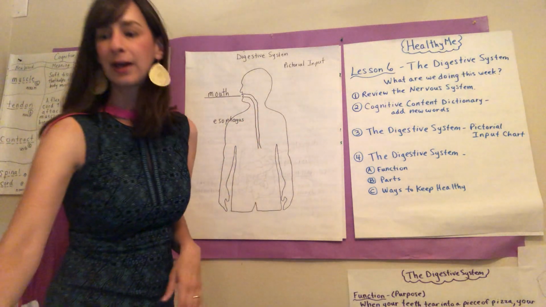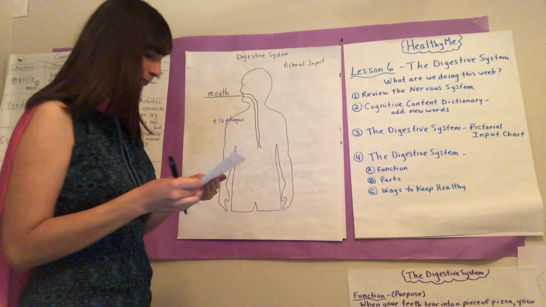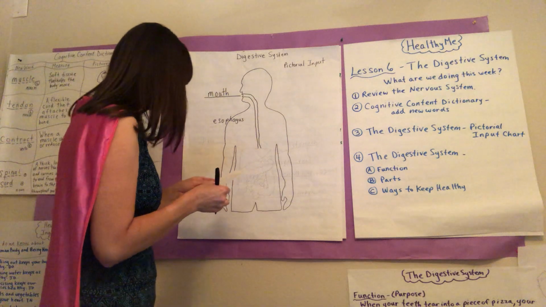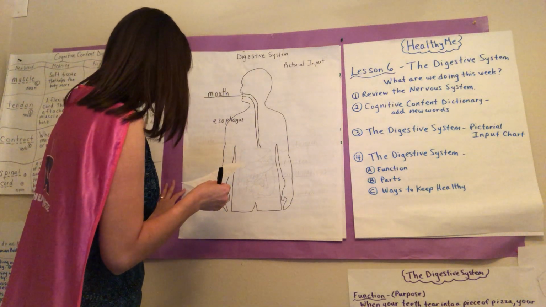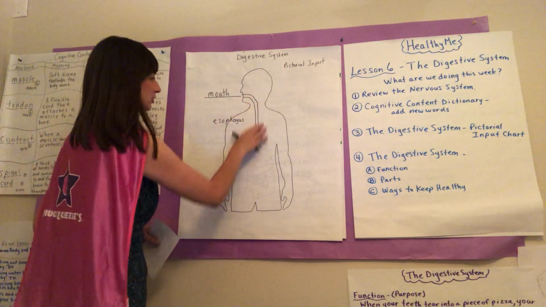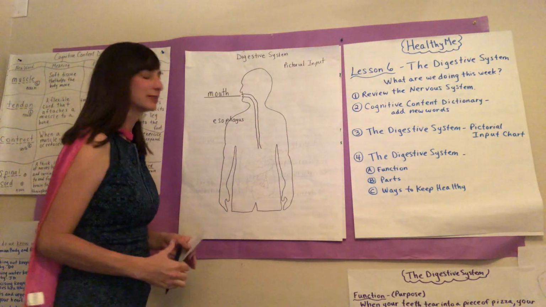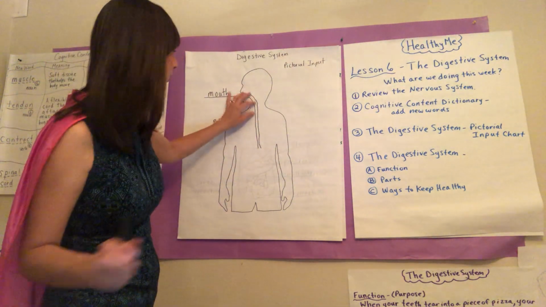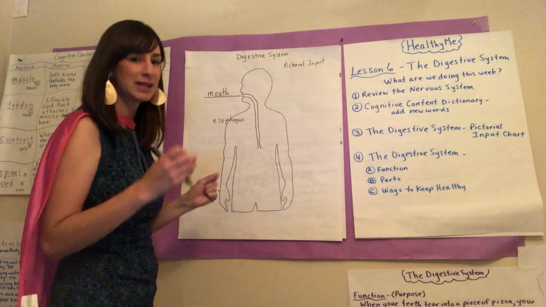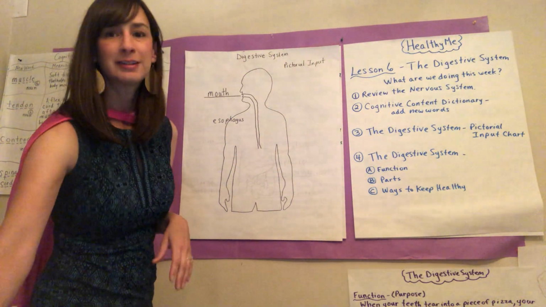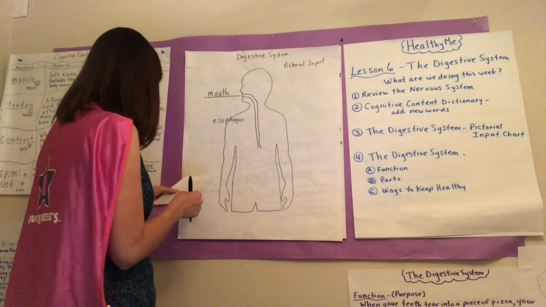Okay, and the esophagus is this long tube, and while in the esophagus, the saliva continues to help break down your food by making it real mushy, so that it can continue traveling through the digestive system.